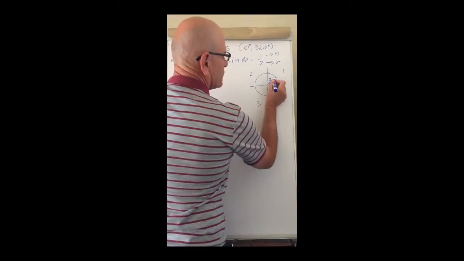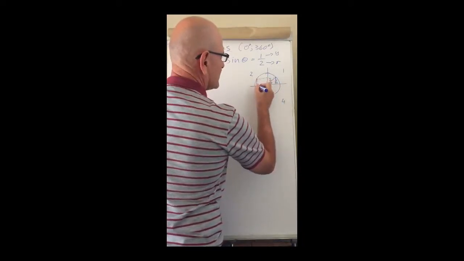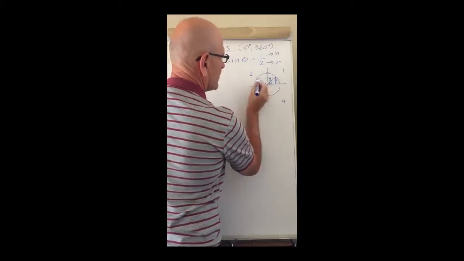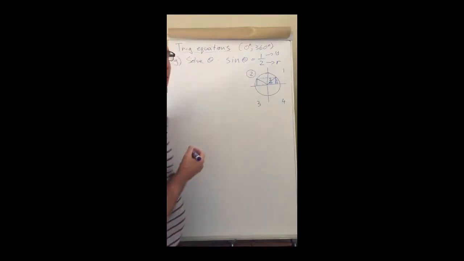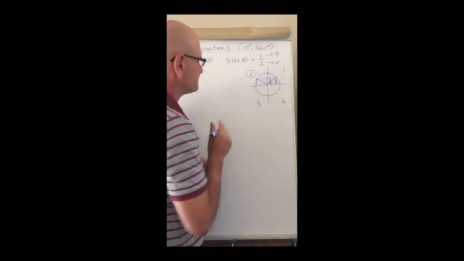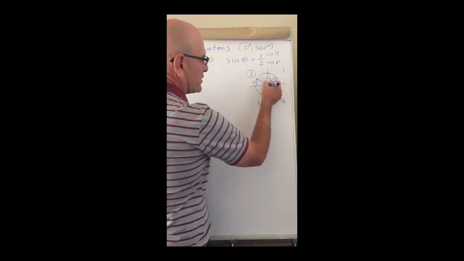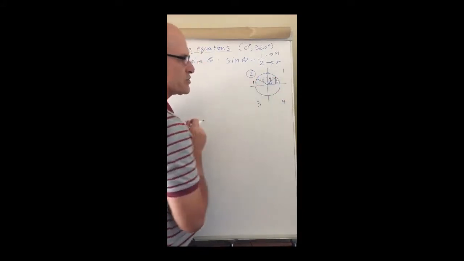Just look at this. If we go horizontally towards this side, we will also find a triangle in my second quadrant that will have the same dimensions as the one in my first quadrant. This side will also be 1, and remember my hypotenuse stays the same, it will also be 2.